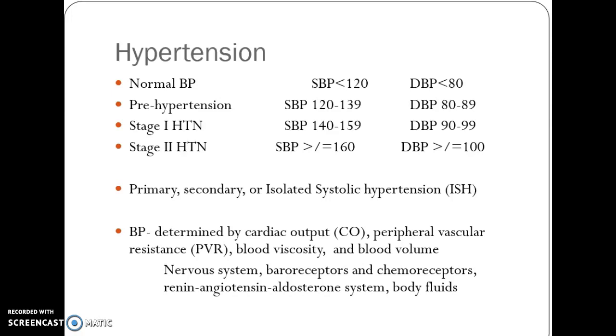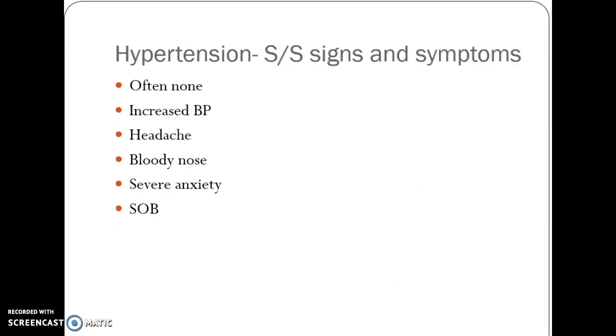Sometimes if there's an adrenal issue that causes the hypertension, and then that just aggravates it. Blood pressure is determined by cardiac output, peripheral vascular resistance, and it's the ability of the blood vessel to stretch, the blood viscosity, circulating volume. All kinds of things will affect whether someone has a blood pressure issue.